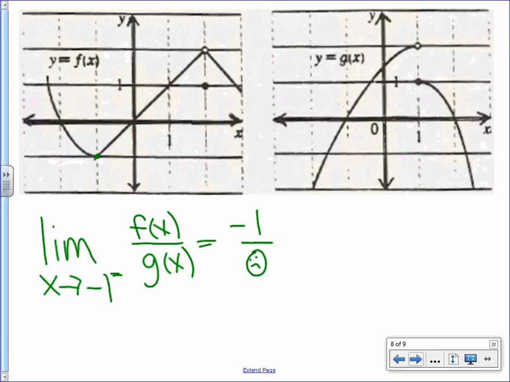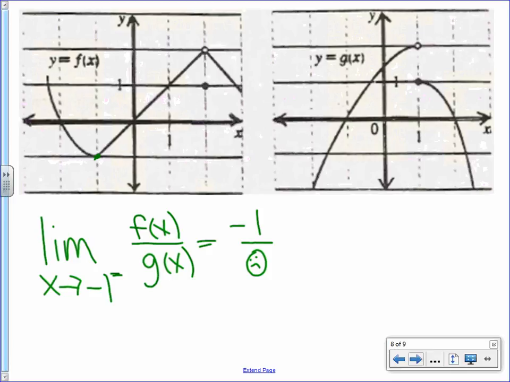Now since we're taking a one-sided limit, we can describe this. Can we describe this as infinity or negative infinity? Why negative infinity? What's important is how we're approaching the 0. Keep going, John.